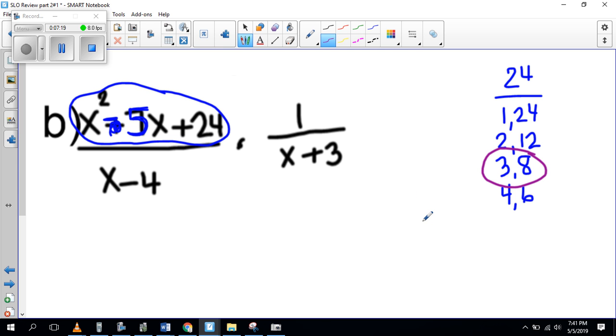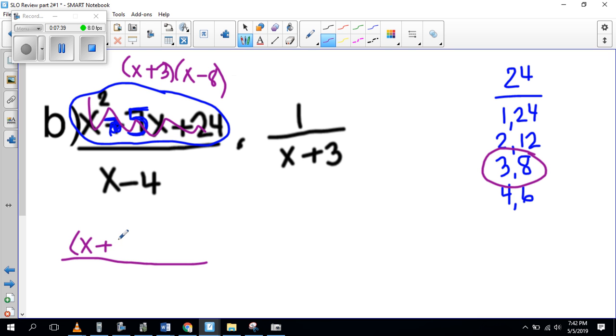And when you do the plus, plus, minus, minus, this is what you should get: x plus 3 and x minus 8. Okay? And so I'm going to rewrite this maybe so it'll make it a little bit easier. This big thing here goes away. And I'm left with x plus 3, x minus 8. On the bottom, x minus 4.